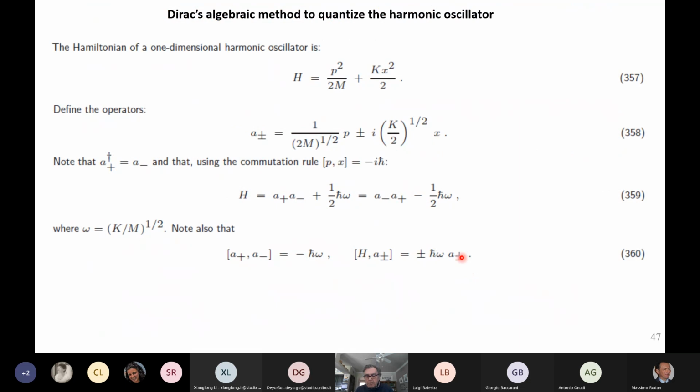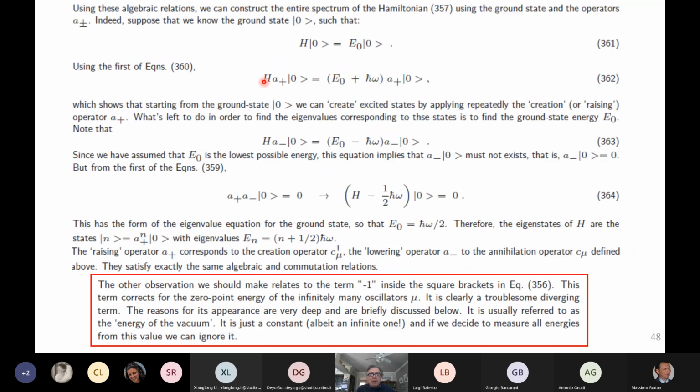Using this commutation rule, we find immediately that if I consider the state A plus applied to the ground state, the commutation rule tells me that this will be exactly equal to (E0 plus h bar omega) times A plus 0. So looking at this equation as an eigenvalue problem for the state A plus 0, the eigenvalue will be E0 plus h bar omega.